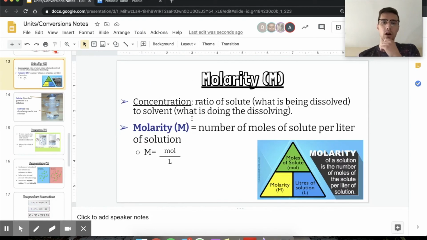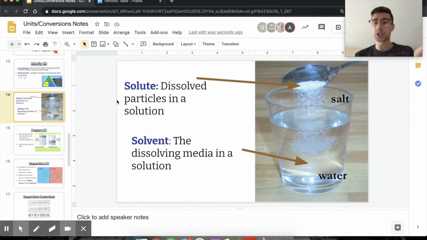So obviously, we can make things that have a high concentration and a low concentration. Instead of talking about salt, you guys could imagine making lemonade, right? If this was lemonade powder, you could add 1 scoop to the water. You could add 12 scoops to the water. Now, you probably wouldn't want to drink it after 12 scoops. Why? Because it's really concentrated, because you have more stuff in the same amount of liquid.